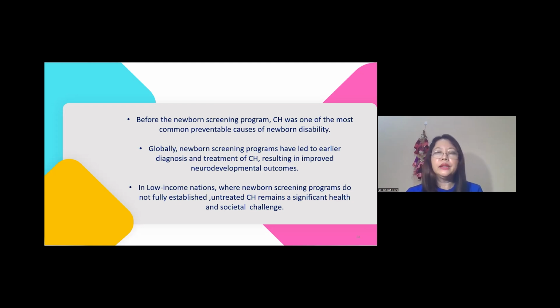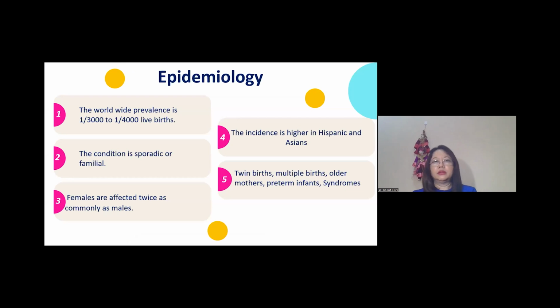However, in low-income nations, where newborn screening program is not fully established, untreated congenital hypothyroidism remains a significant societal challenge. So looking at the epidemiology, worldwide prevalence is 1 in 3,000 to 4,000 live births.